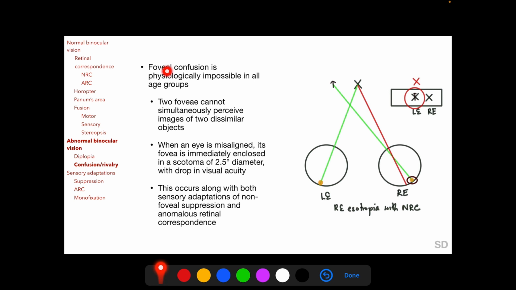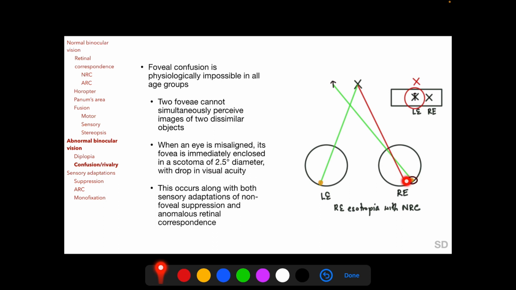But foveal confusion is physiologically impossible in all age groups, whether the visual system is mature or immature. So when the two images overlap each other, this overlapped image is never seen, because two fovea cannot simultaneously perceive images of two dissimilar objects. So when an eye is misaligned, its fovea is immediately enclosed in a scotoma of 2.5 degree diameter, as represented by this black circle with a drop in visual acuity.